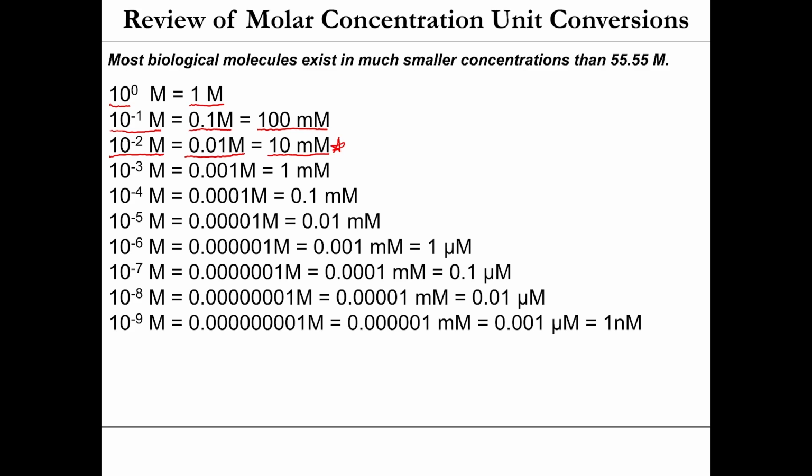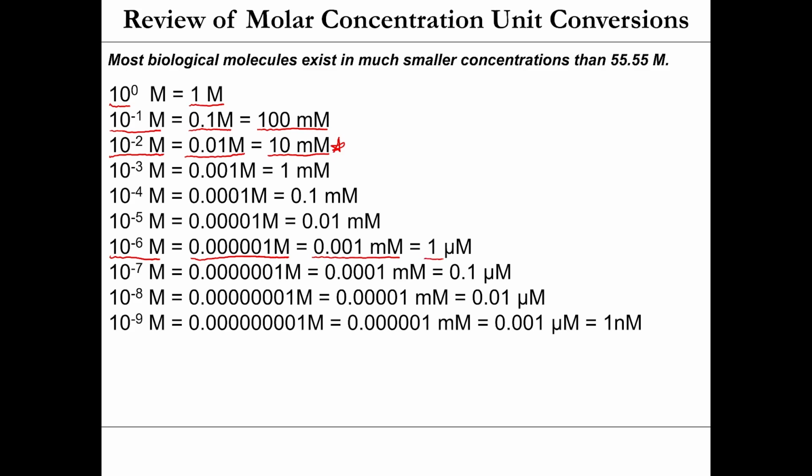But we're going to be using these interchangeably, so it's important that you study these a bit and figure out how to convert between the two. And so even moving further down, 10 to the negative 6 molar would be 0.000001 molar, so that's not a very effective form to use. You could use 0.001 millimolar, but even that's a bit painful.